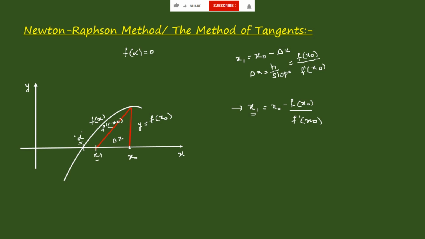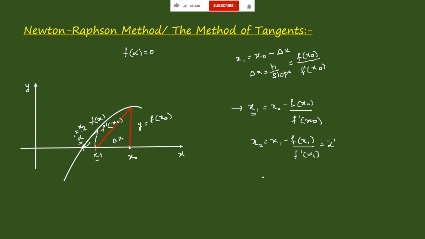Again, to get the alpha value, we find the height of it, then again we find the slope of it, which is almost near to it. Then we get the alpha value. If you consider alpha is equal to x2, then x2 is equal to x1 minus f of x1 by f dash of x1, which is equal to alpha.